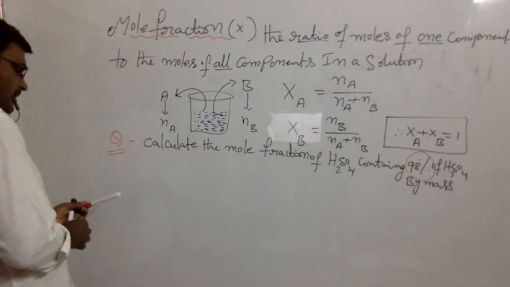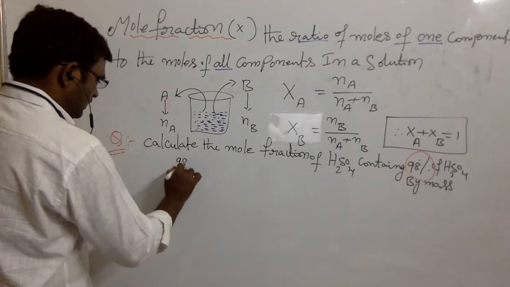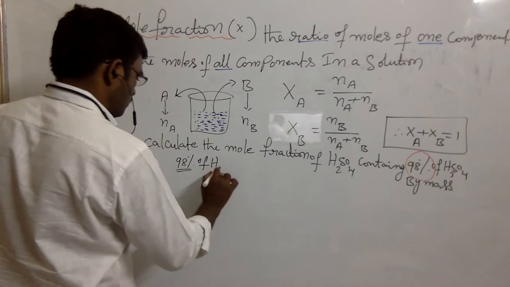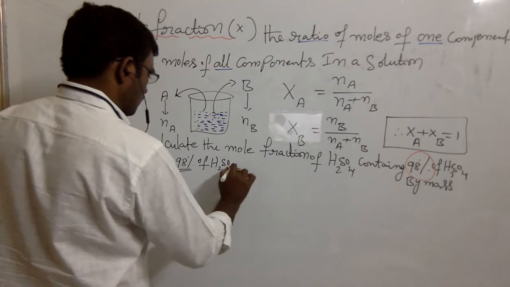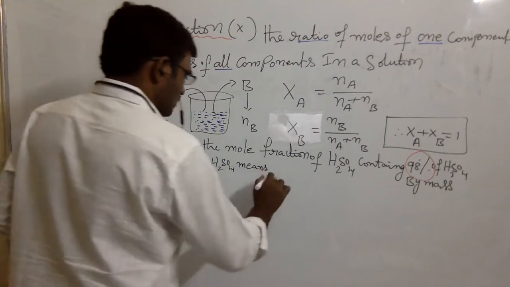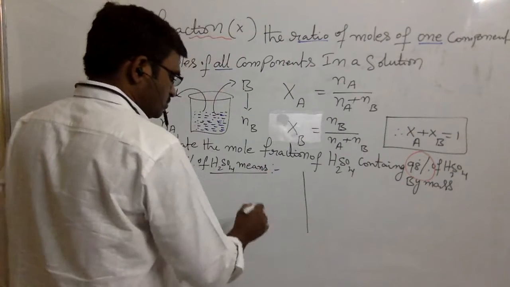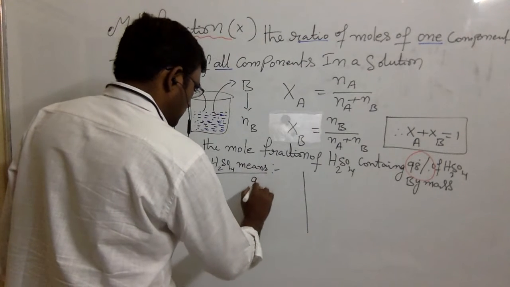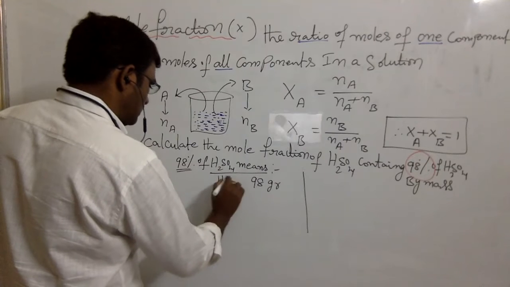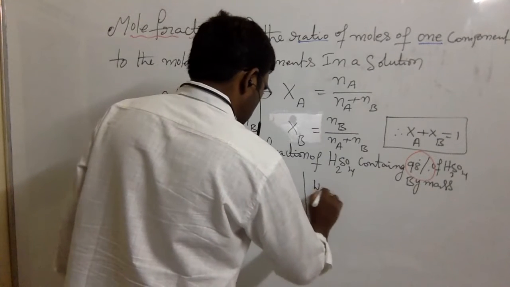See, 98% of H2SO4 by mass means 100 grams of solution which contains 98 grams of sulfuric acid and the remaining 2 grams of water.